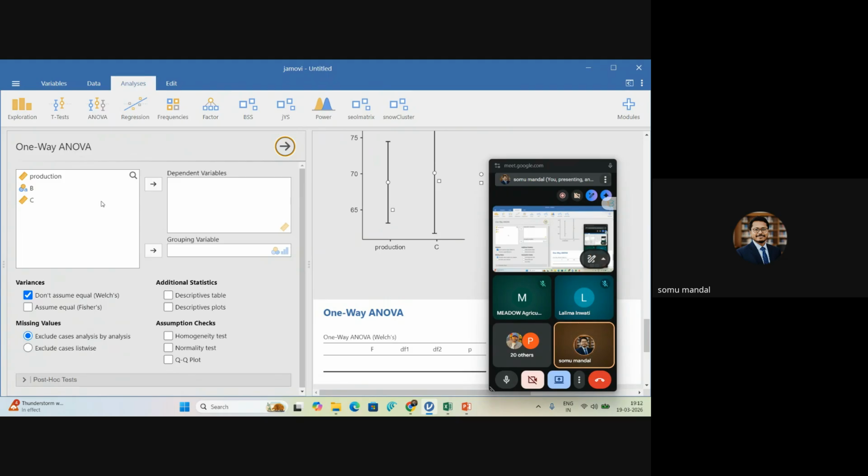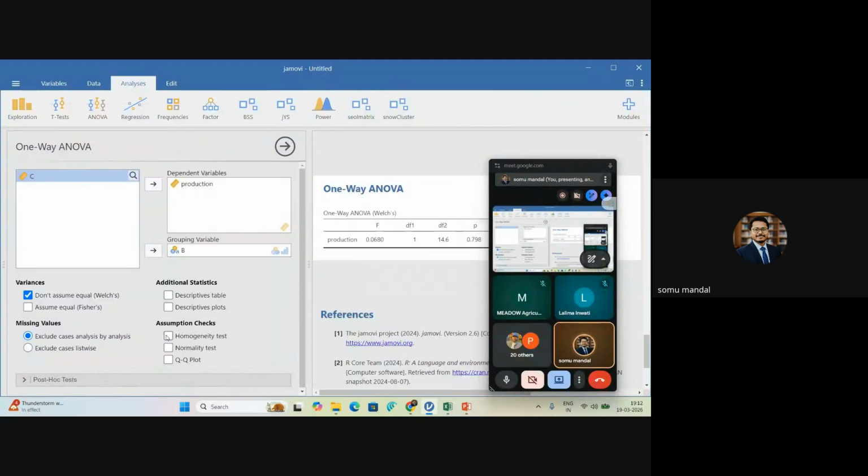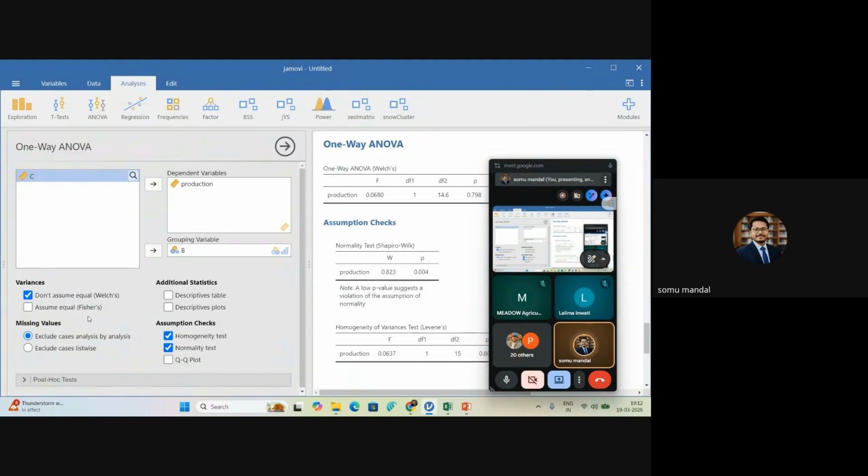So here production is the dependent variable, and this is your group variable, and you can find out. Also you check whether to assume equal variance or not. This particular test is called the Welch test, and the other is the Fisher's test.